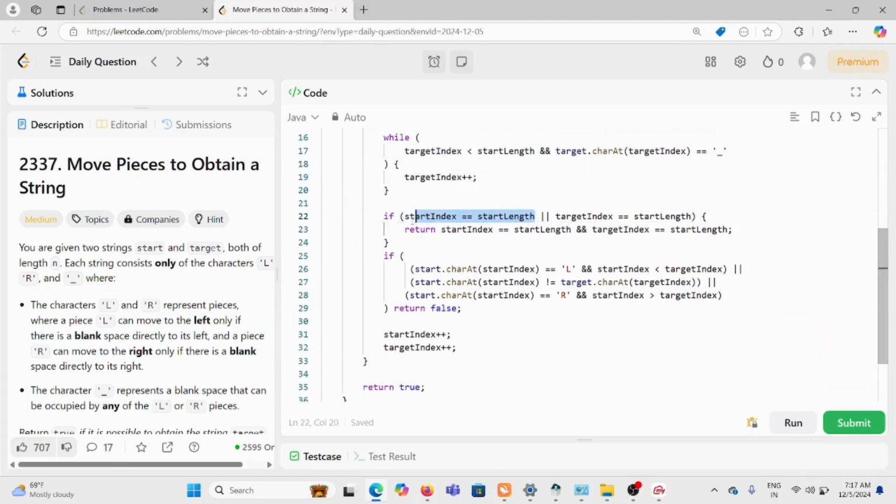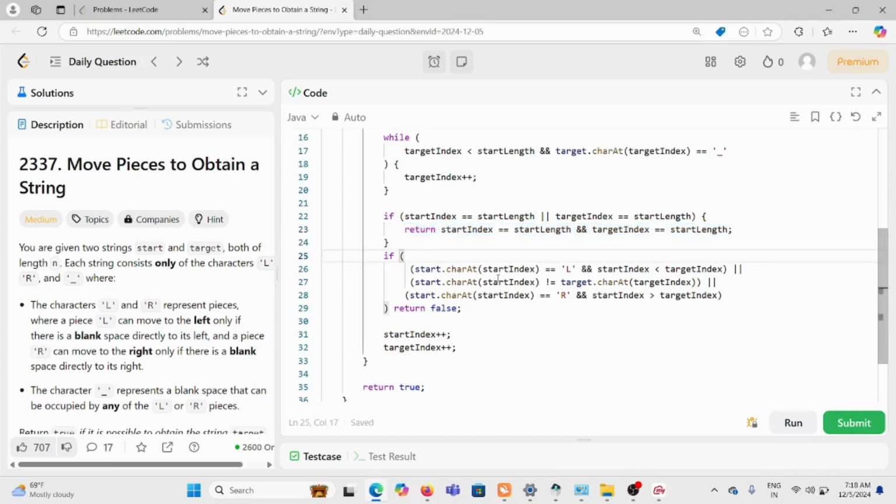If any one of them has reached the length, say the start index, then the other also should have reached the length, and only then would it return true, otherwise it would be false obviously.